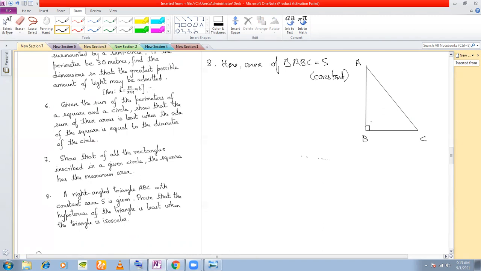Okay. So we start by saying let the length of AB and BC be L and B respectively.